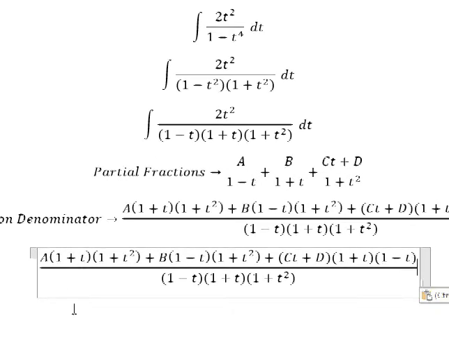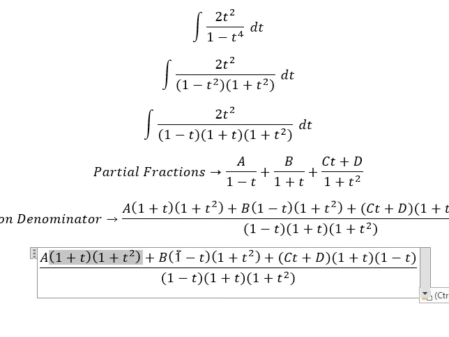And now we need to expand this one and this one.